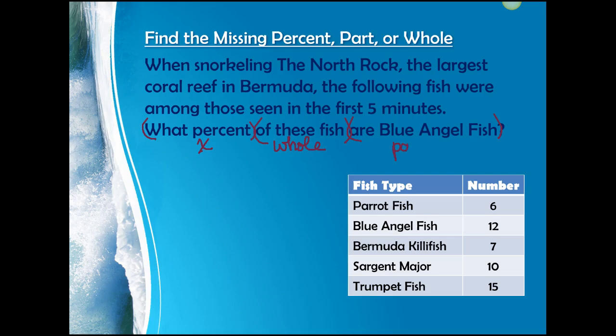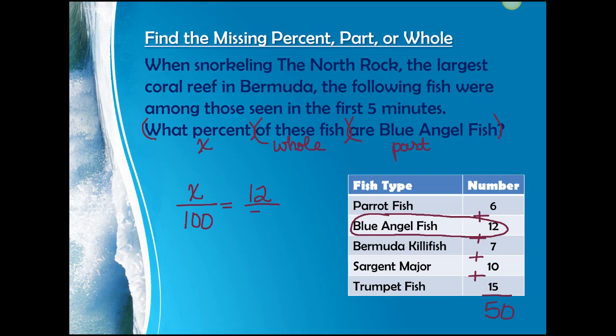To set up our proportion, we'll write x over 100, and then we need to determine what to set that equal to. There are 12 blue angelfish, and that is part of the fish that we're seeing, so we'll write that on top. To find the whole, we'll have to add all the numbers in the table. 6 plus 12 plus 7 plus 10 plus 15 equals 50 fish altogether.